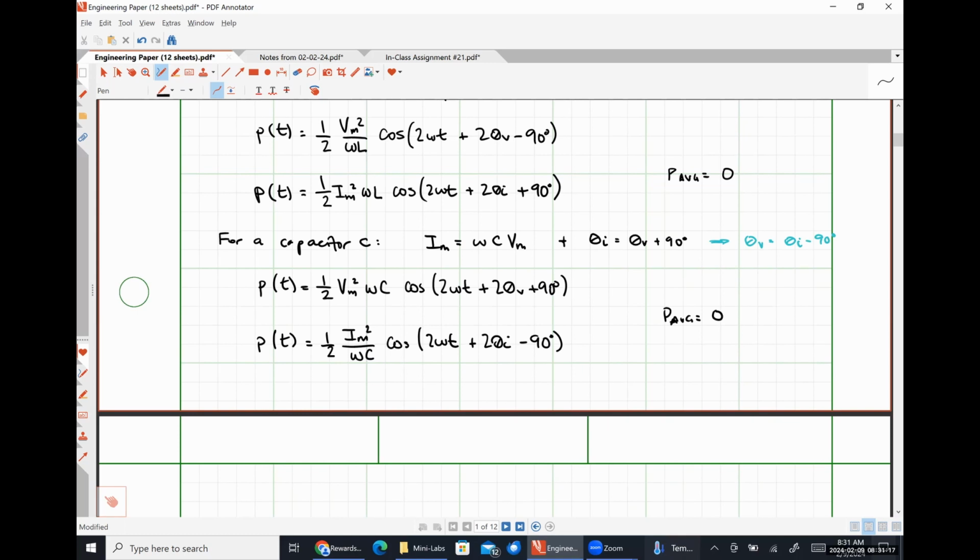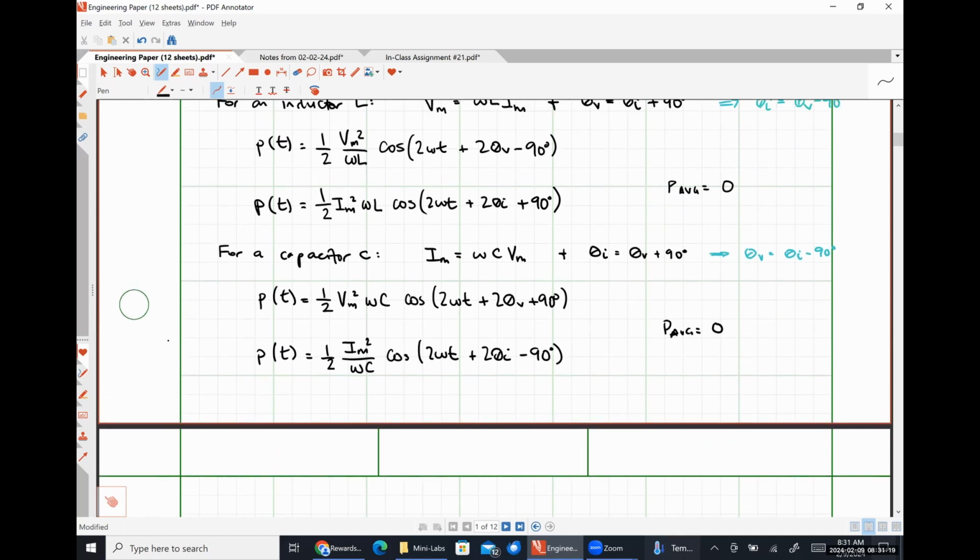Good question. All right, so our inductor and capacitor relationships are effectively the same situation. We have a relationship only dealing with the voltage drop across the element or only dealing with the current flowing through the element so that we don't need both pieces of information.